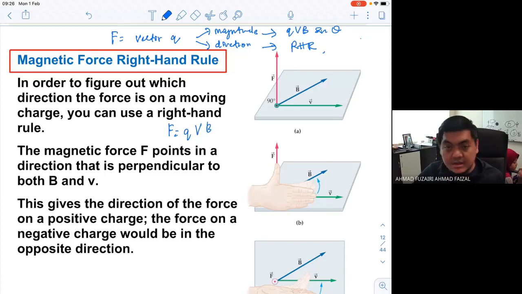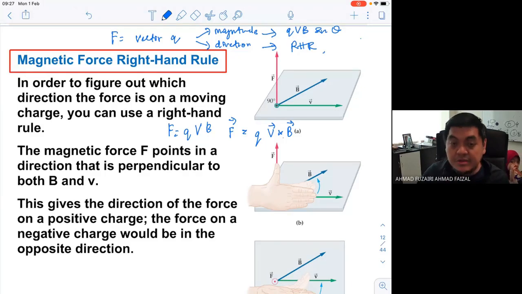Look at the equation: F equals qvB. It comes from F vector equals q, which is not a vector, times v, which is a vector, crossed with B, which is a vector. V cross B. So how do you do V cross B? First you need to point to the V part.